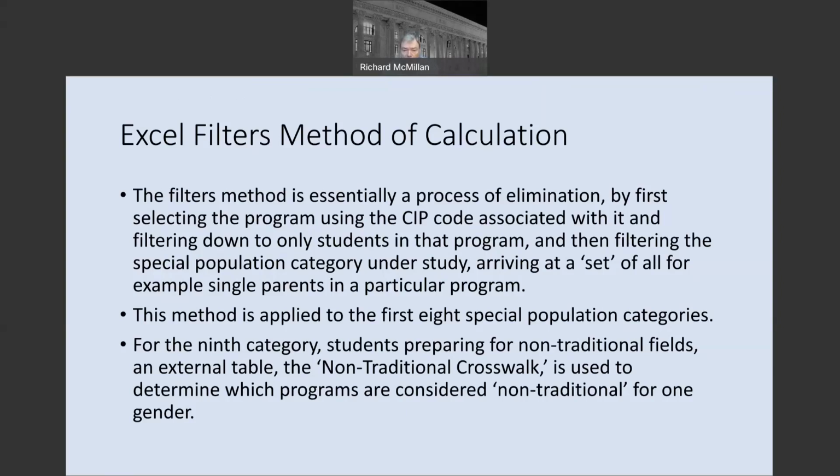This method is applied to the first 8 special population categories. For the 9th category, students preparing for non-traditional fields, an external table, the non-traditional crosswalk, is used to determine which programs are considered non-traditional for one gender.